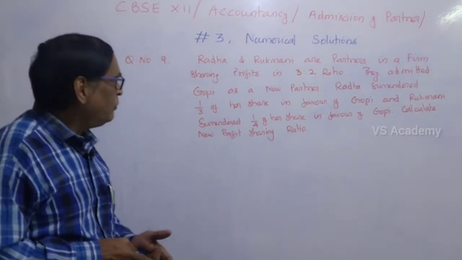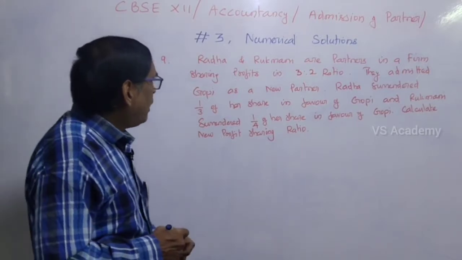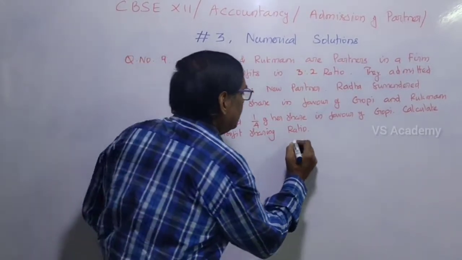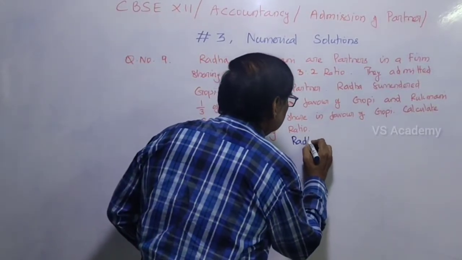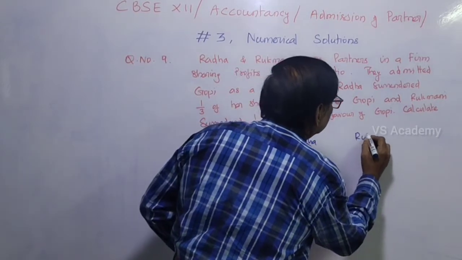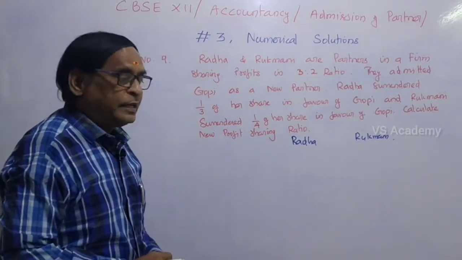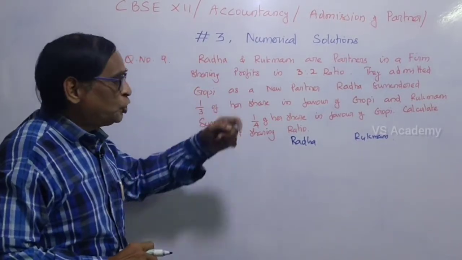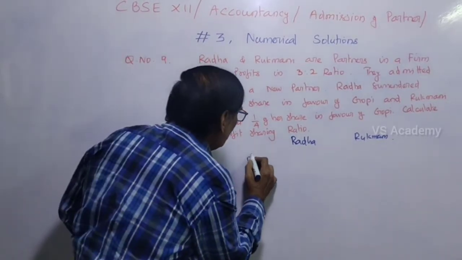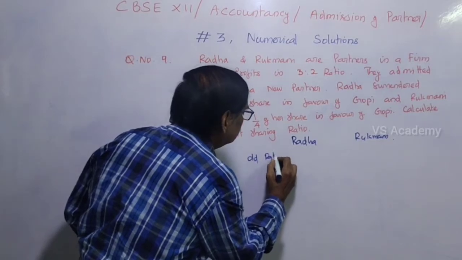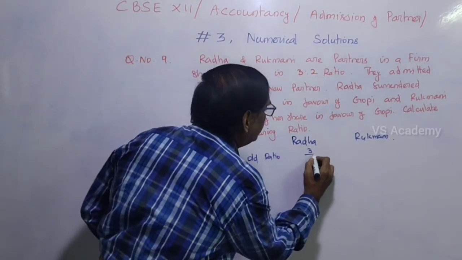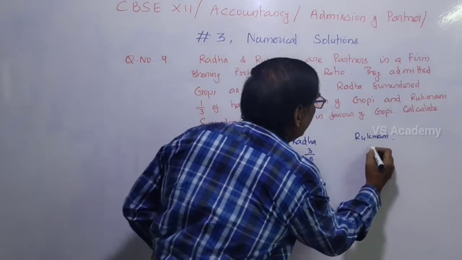So let us solve. The old partners are Radha and Rukmani. They were sharing the profits in the ratio 3:2. So the old ratio is 3:2, which means 3/5, 2/5.